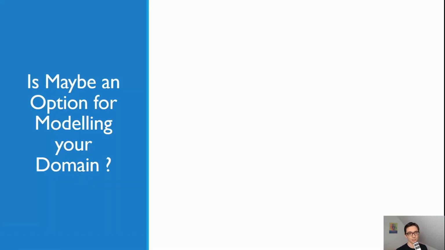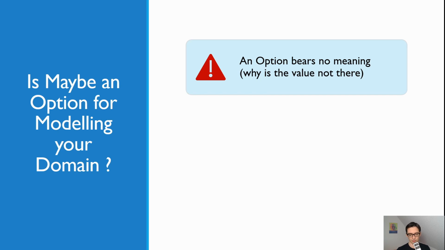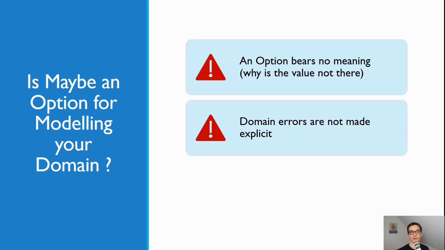So the question is now, is an option maybe a good way of modeling our domain? And I think it should not be one. So the first and most important thing for me is that an option bears no meaning. So we have no clue why the value is not there. It's just a hint that it might not be there.